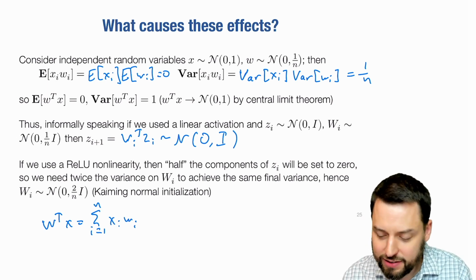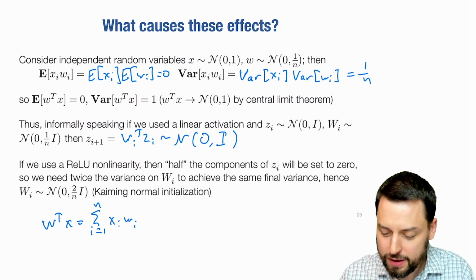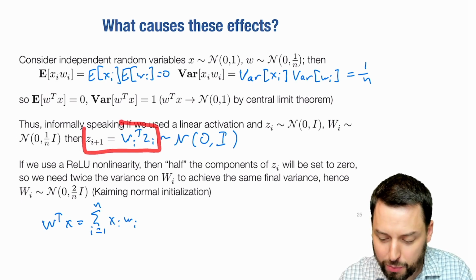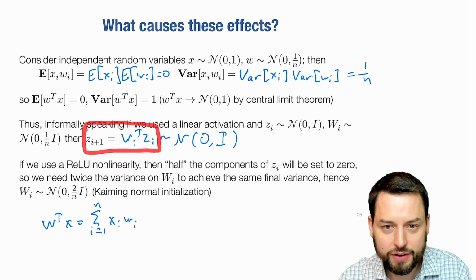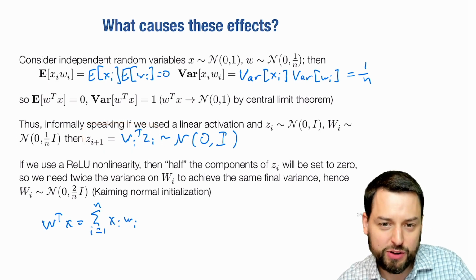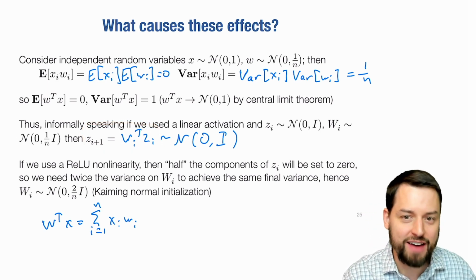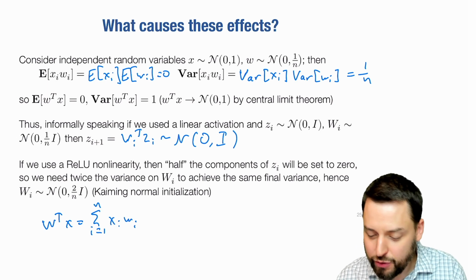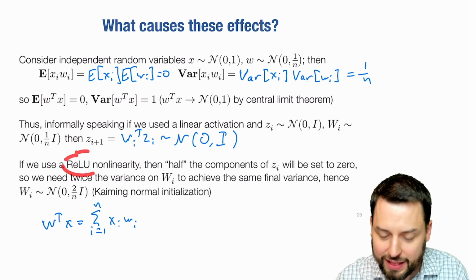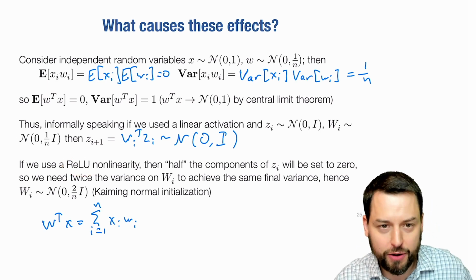And the key point, which I'm going to say very informally, is that each element here is normally distributed between 0 and 1, right? And so we expect half of its values to be negative and half of them to be positive. And so if we use the ReLU nonlinearity, then half of those elements will be set to 0.